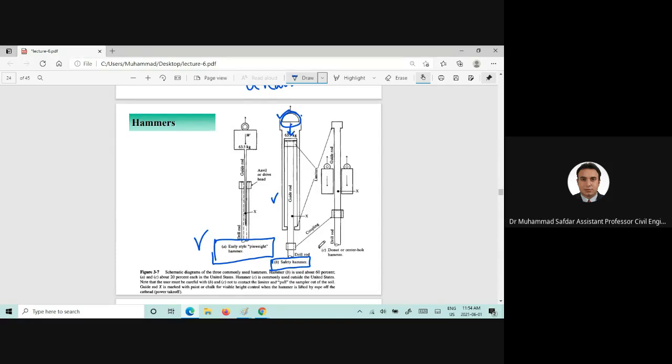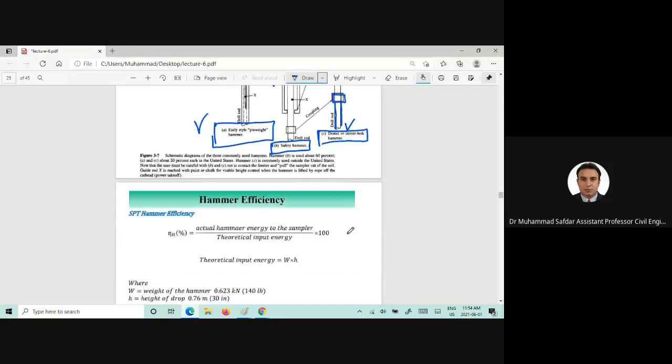And this is the donut hammer which is used in most of the countries, in Pakistan as well, that there is a guiding rod and the hammer is uplifted and then it is released to hit this anvil there, and here is the drill rod. So this is known as the donut hammer.